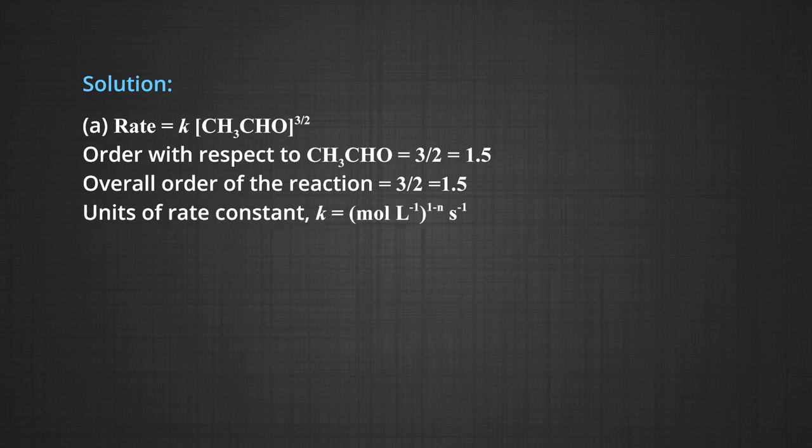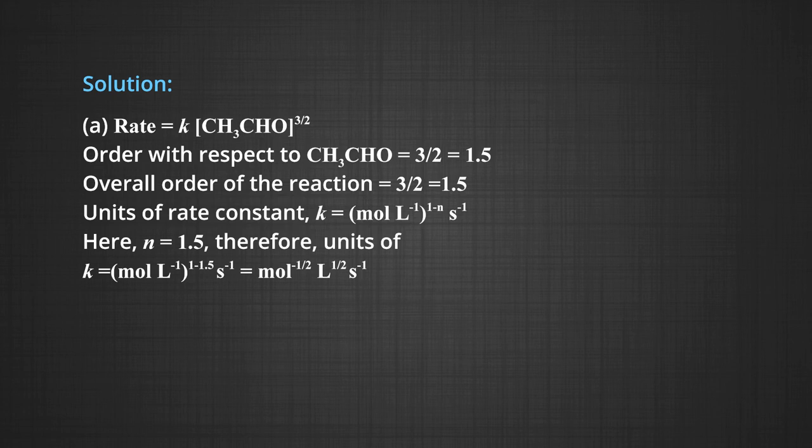Units of the rate constant k is equal to moles per liter raised to power 1 minus n per second. Here n is equal to 1.5. Therefore, units of k is equal to moles per liter raised to power 1 minus 1.5 per second. It will come out to be mole raised to power minus half, liter raised to power half per second.